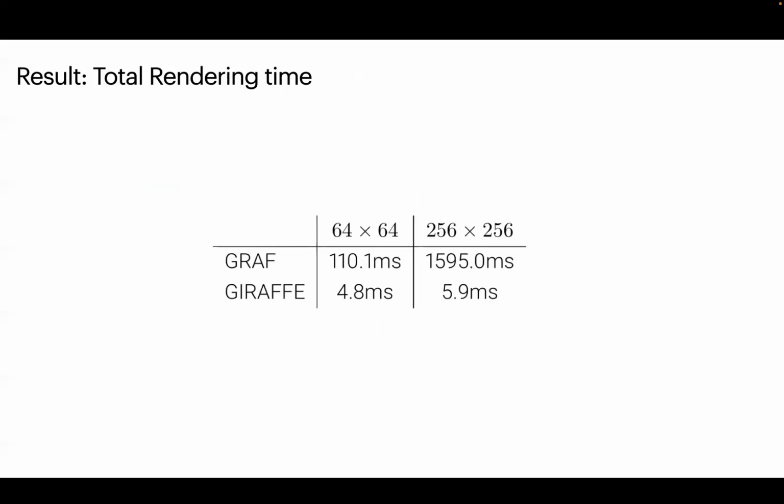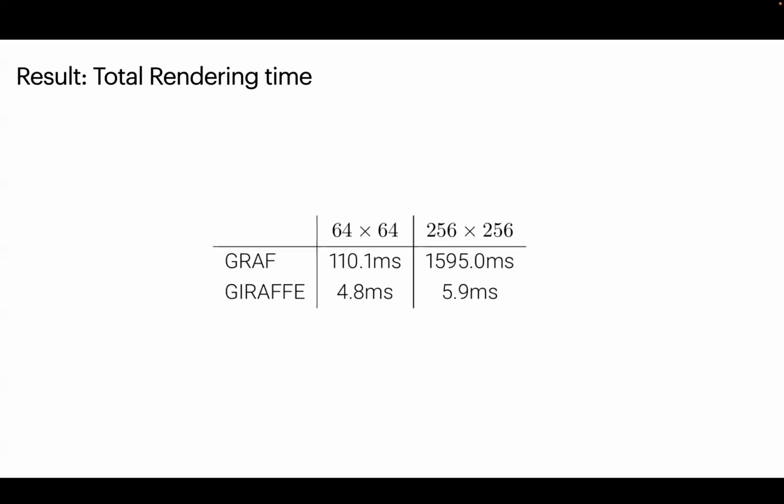And another very good aspect of GIRAFFE is the render time, as we were talking about. 64 by 64 pixel images generated by the previous method will cost around 110 milliseconds, but in GIRAFFE it only needs 4.8 milliseconds.